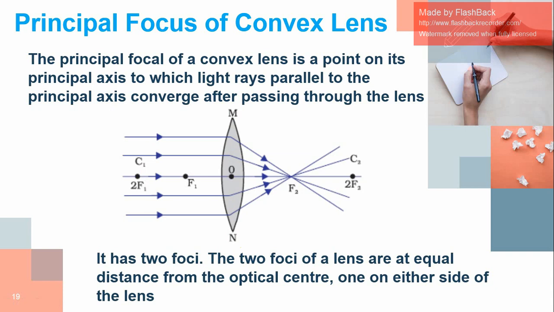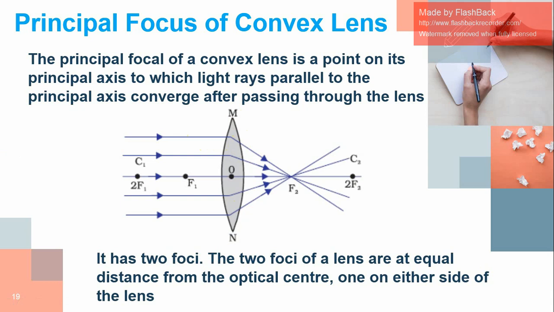So sunlight is an example of parallel rays. Now we take rays parallel to the principal axis. Light travels from air into a denser, transparent medium.